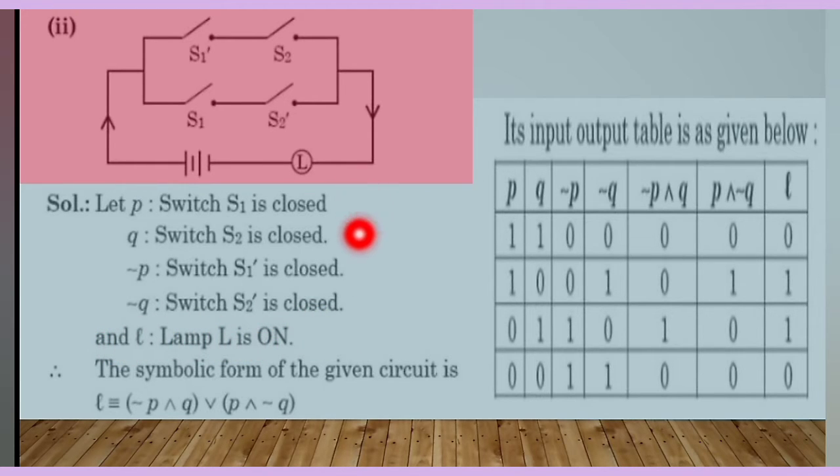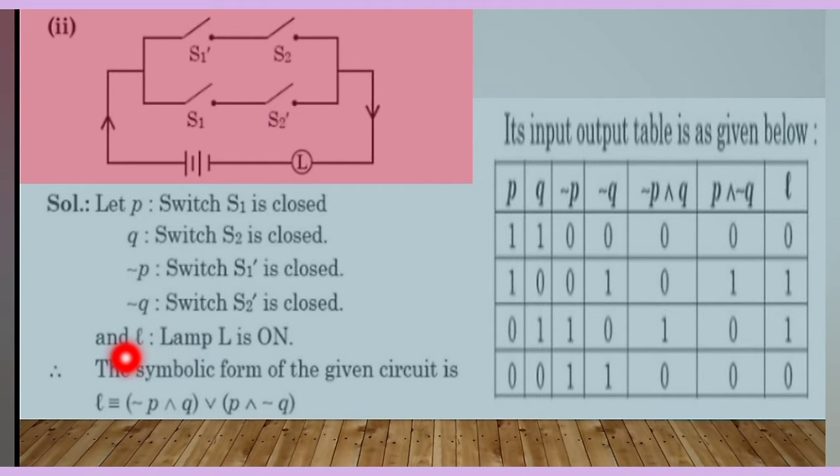Right, here is this statement. Now the symbolic form of the given circuit, let's see here, start from these switches. S1 dash and S2 are in series, so we write negation P and Q. Now these switches are parallel to these two switches, so we write the OR symbol, and these two switches are P and negation Q. See here the statement.